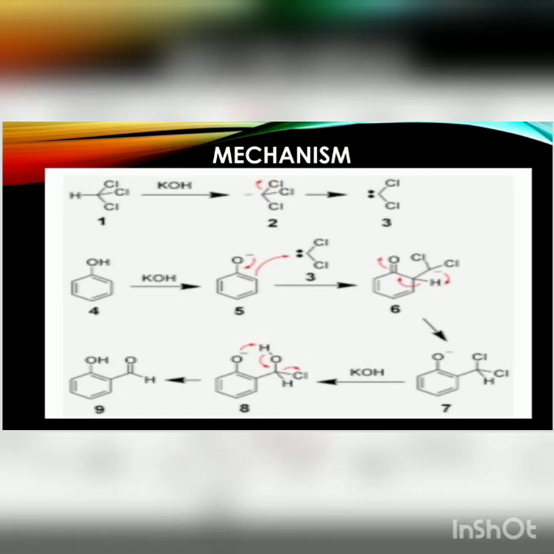In the second step, the neutral electrophile attacks the phenoxide ion and substitutes at the ortho position. The third step is removal of H plus ion.